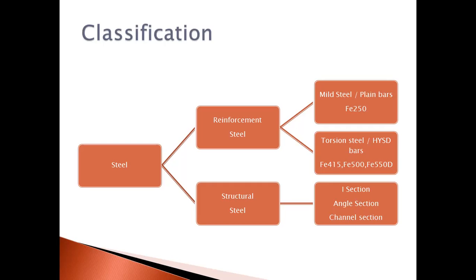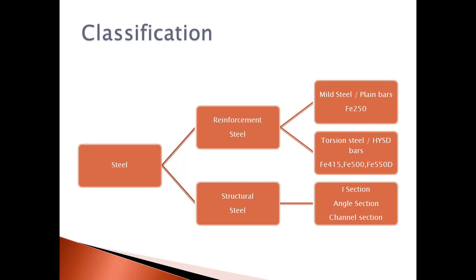Rebars are again classified into two: mild steel plain bar, or HYSD, high yield strength deformed bar. The mild steel bar is denoted by Fe 250. This 250 is nothing but the yield strength of the steel.